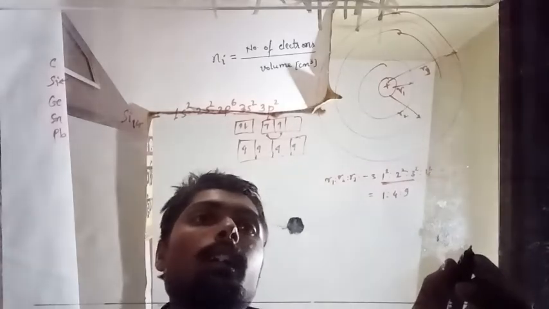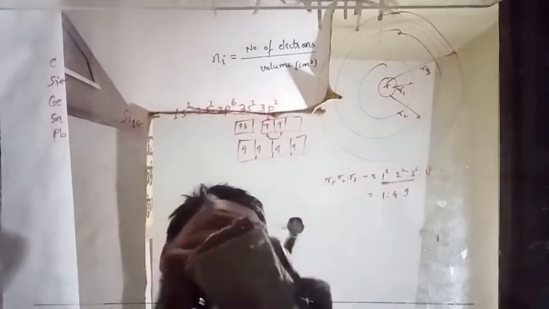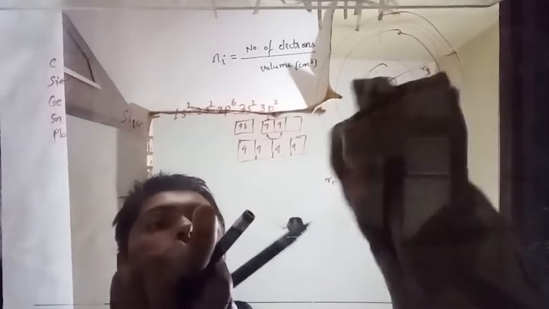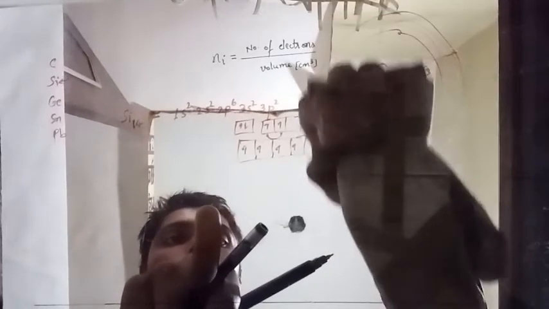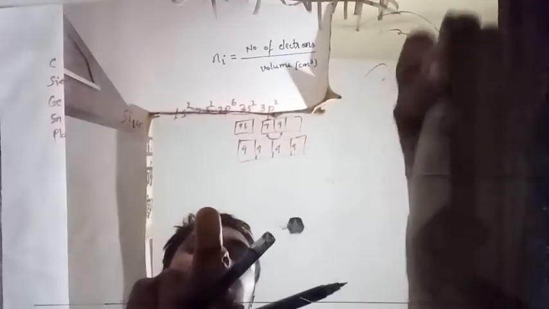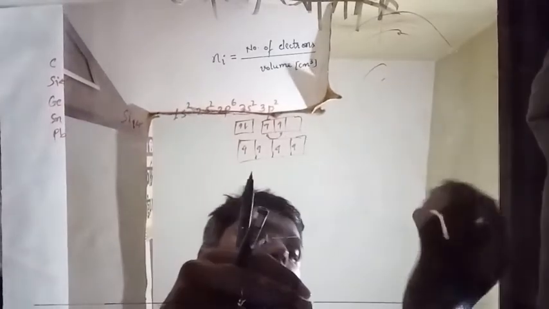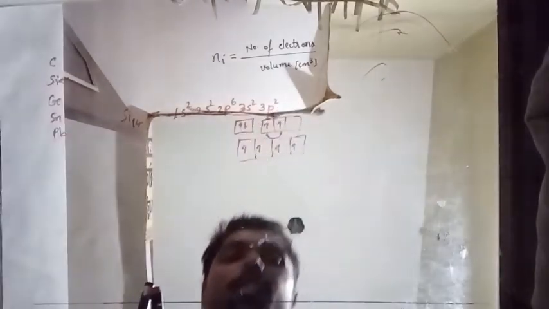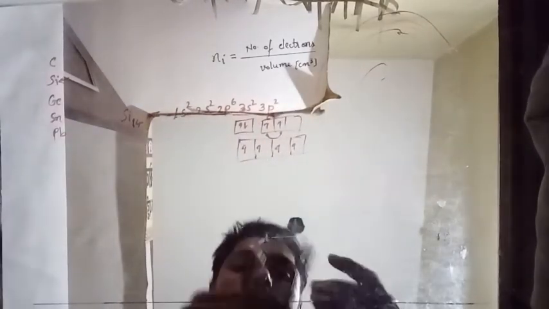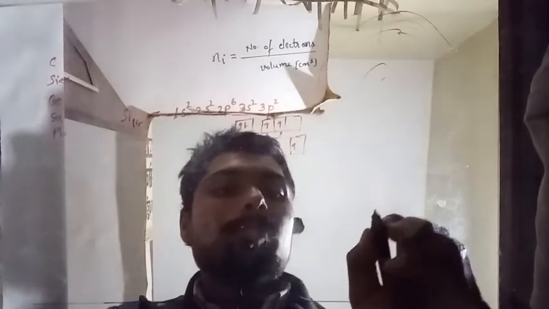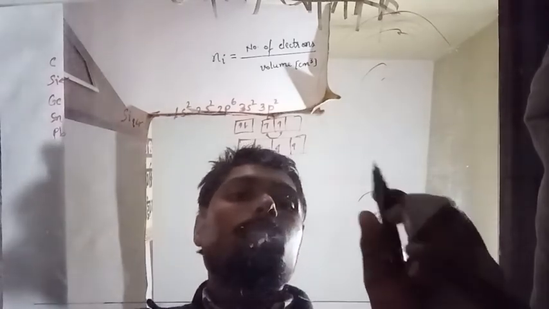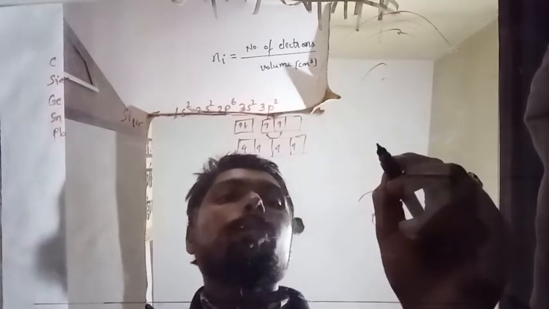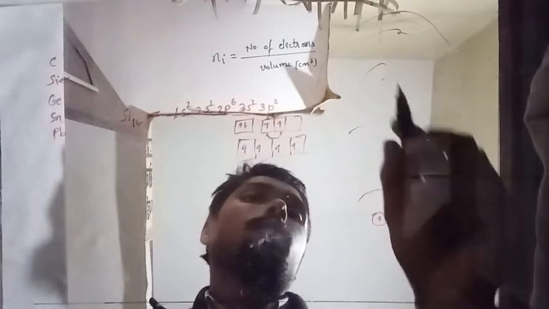If I just erase this, it will be easier to understand in a better way. Alright, see, in the starting, if this is the nucleus and this is our first cell, second will be, this is R, then 4R, then 9R.